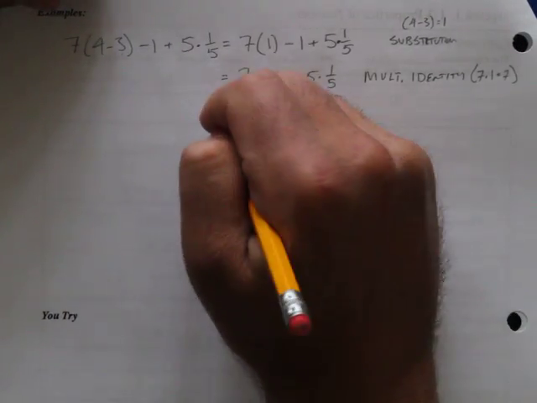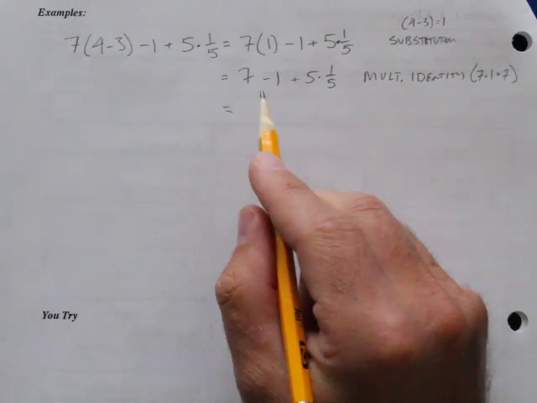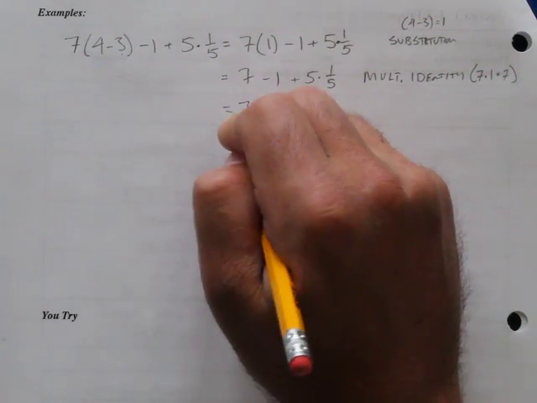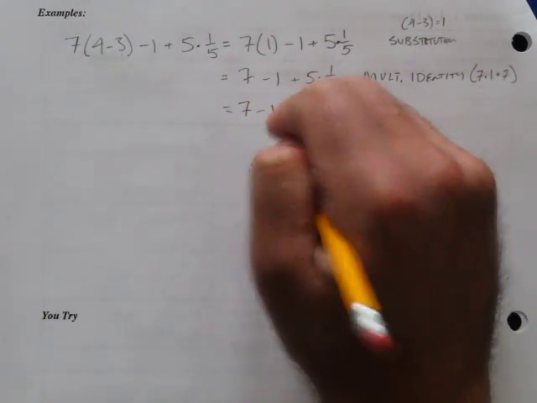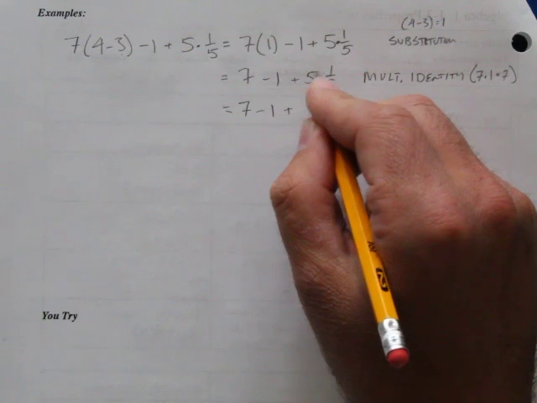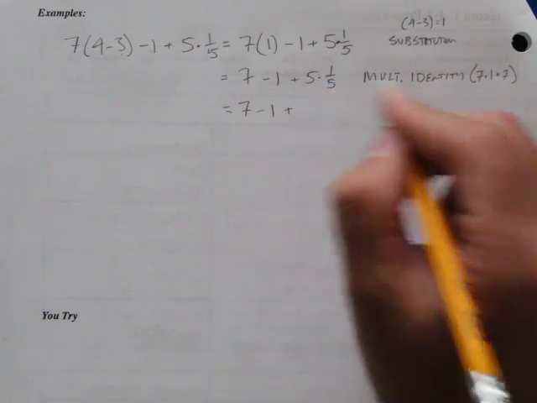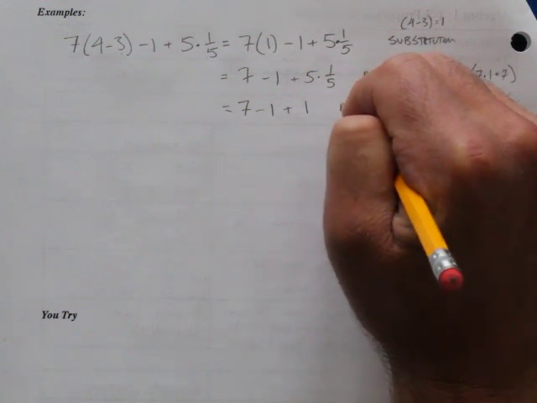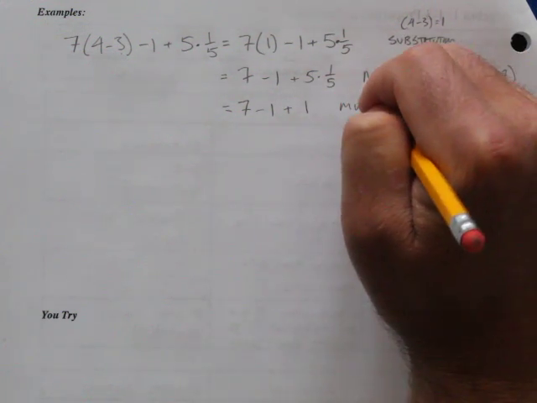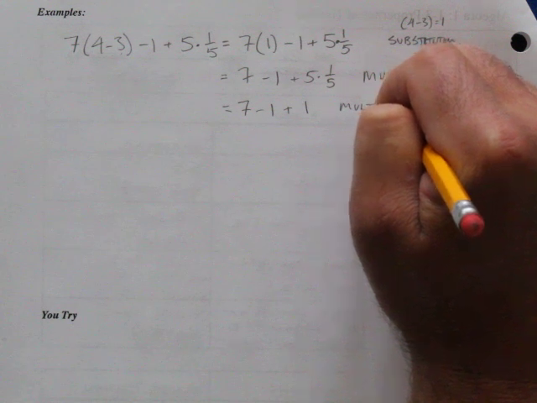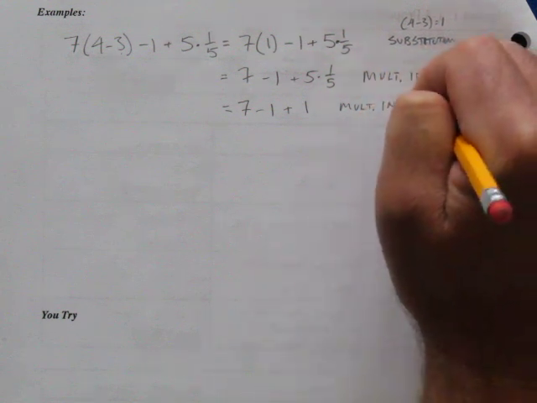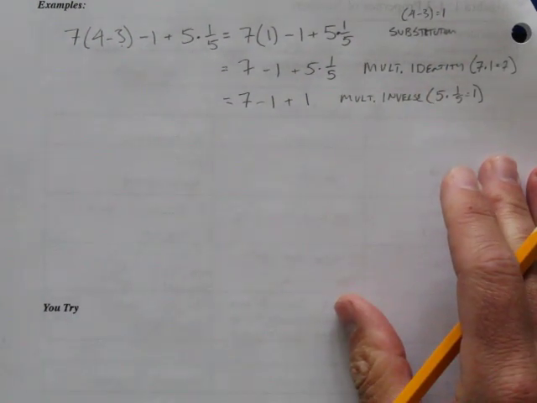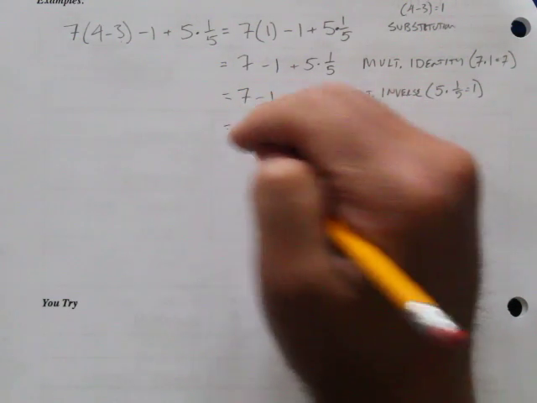Okay. Next, let's do this part. Okay, we'll leave the 7 minus 1 here, plus 5 times 1/5. So 5 times 1/5, or 1/5 of 5, is 1. And so that one is called the multiplicative inverse property. So that is 5 times 1/5 equals 1. All right, next one.